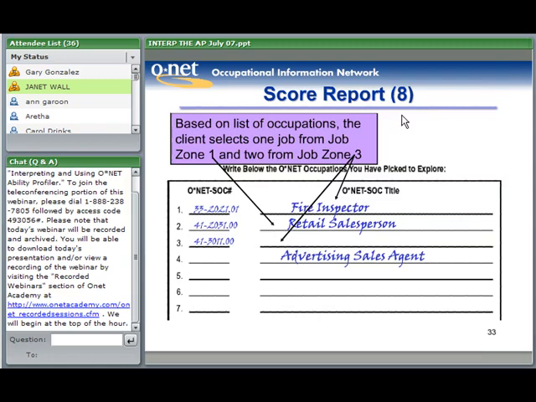And there's a question, does the O*NET database allow you to look up the occupational ability profile for the occupations listed in the database without taking the ability profiler? I believe the answer to that is no, but it's something that I think I should double check. I am not aware of any place where you can do that.